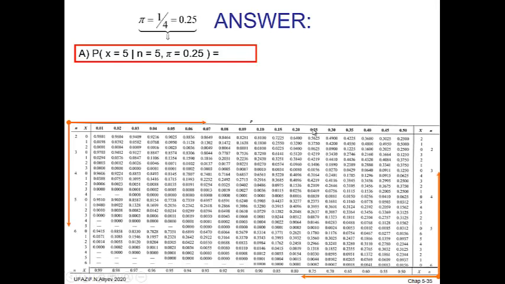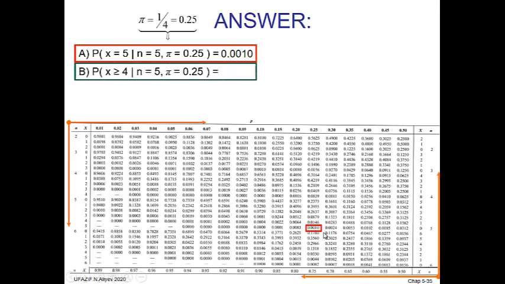Okay. For the first, x equal to 5, the intersection of N5 and x5, here, this is your first answer. Second, at least 4. It means we must add these two answers, yes, these two, 0.0156.